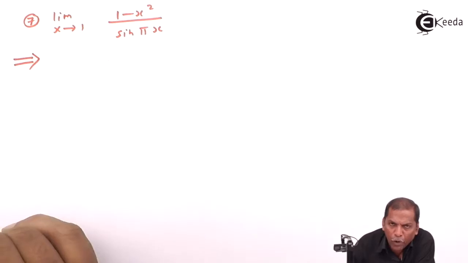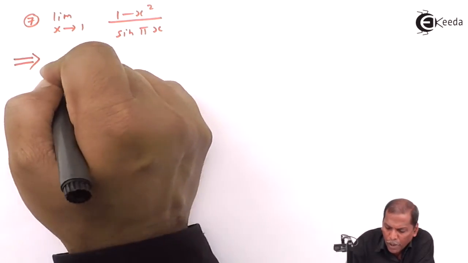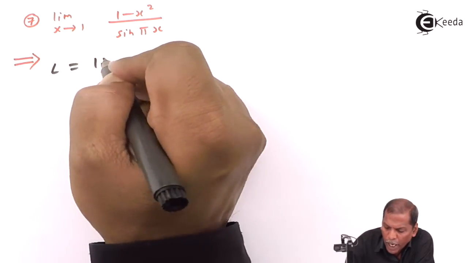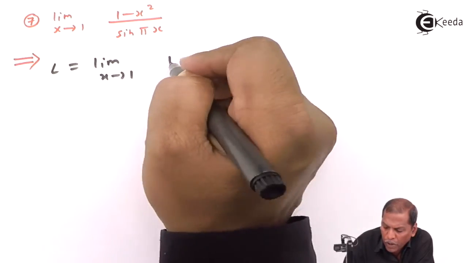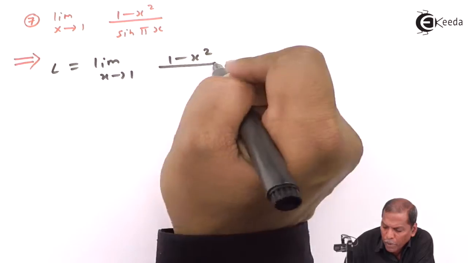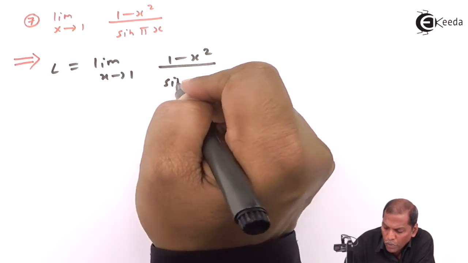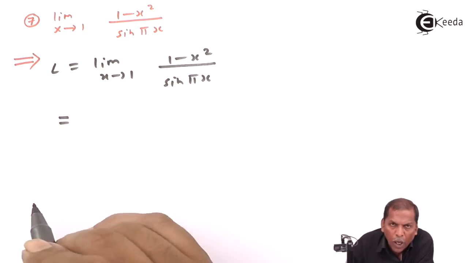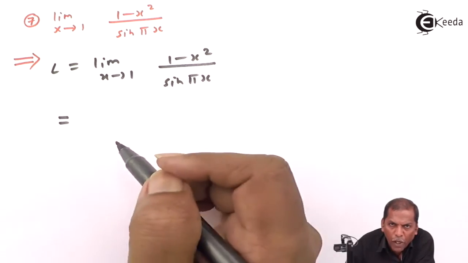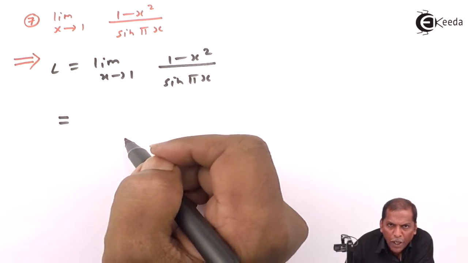First of all, we denote the given problem as L, that is, L equals the limit as x tends to 1 of (1 minus x) squared upon sine pi x. Now we substitute x equal to 1 in the numerator and denominator.